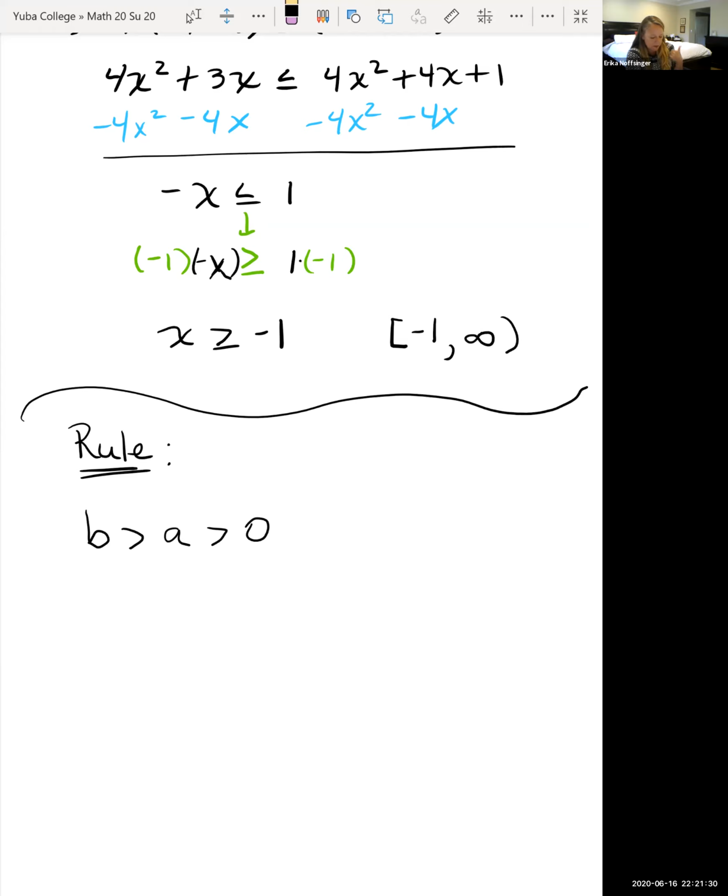So if I have some number B, which is bigger than A, and both of those are positive numbers, the reciprocal flips the inequality. That would be saying that 1 over A is greater than 1 over B, which is still greater than 0.